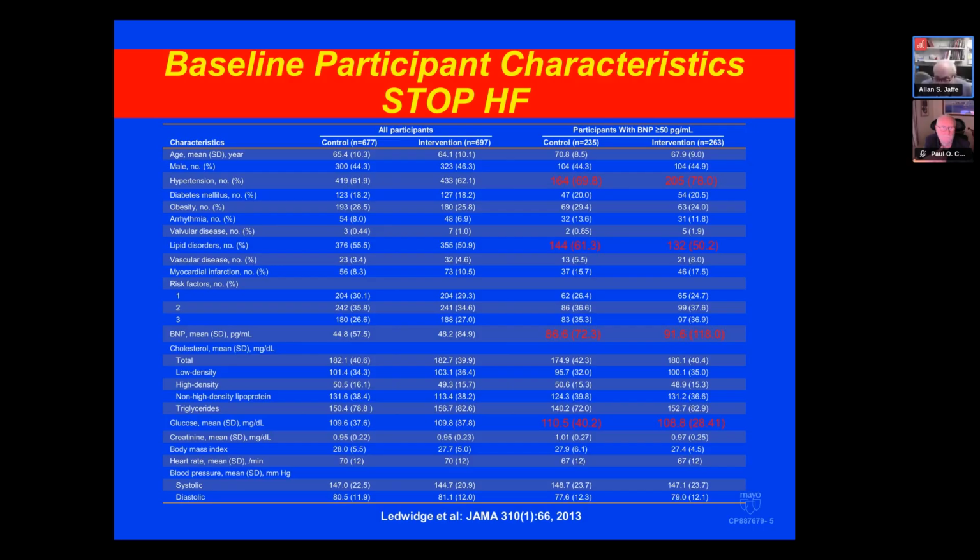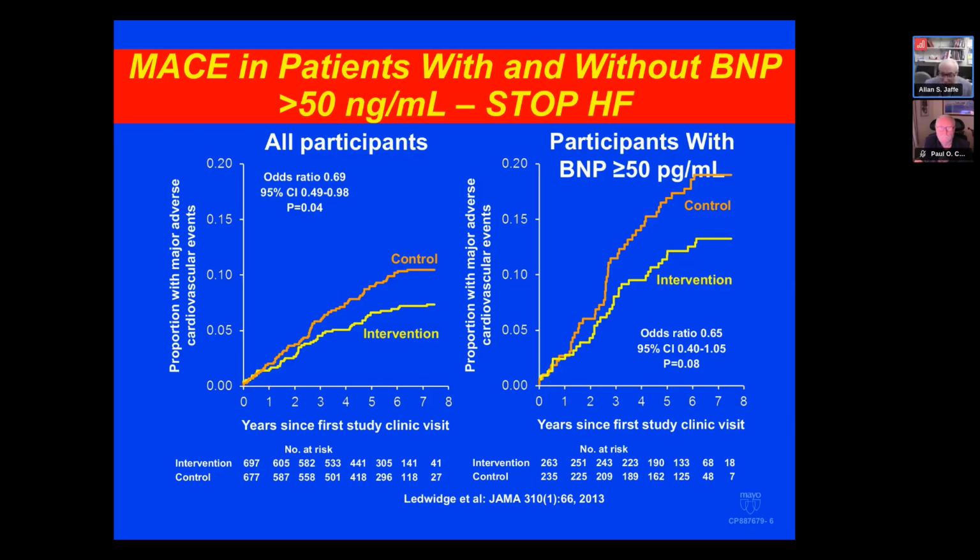We're talking about individuals who were at risk because they had some additional risk factors, but who had natriuretic peptide levels of 80, 90 or so. If one looked over time, those participants who had a value of greater than 50 and who were sent usually to a cardiologist had a better prognosis. What that meant usually was that imaging was done, and often those patients were unmasked to have what we will define in just a couple of minutes as stage B heart failure.